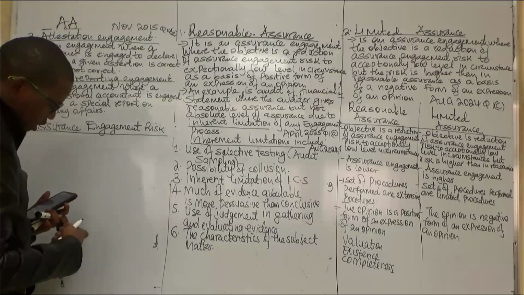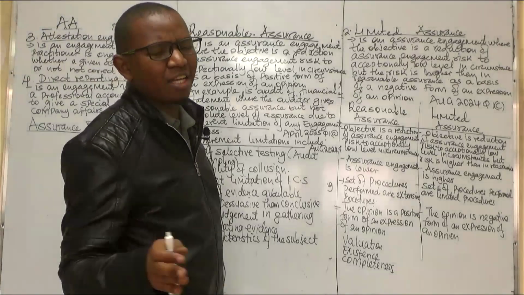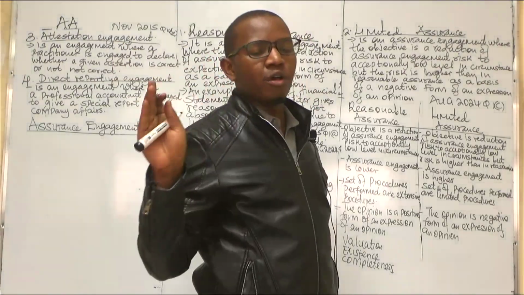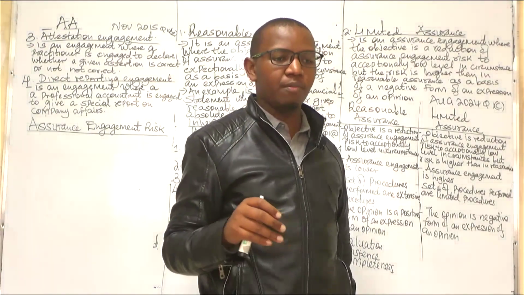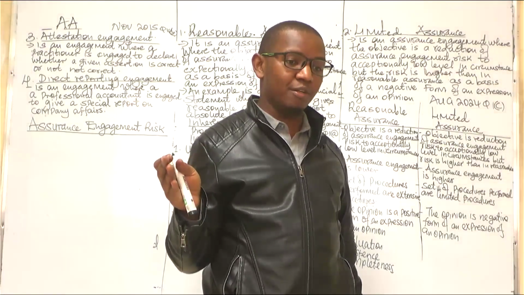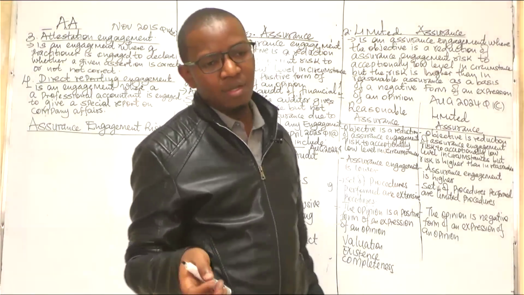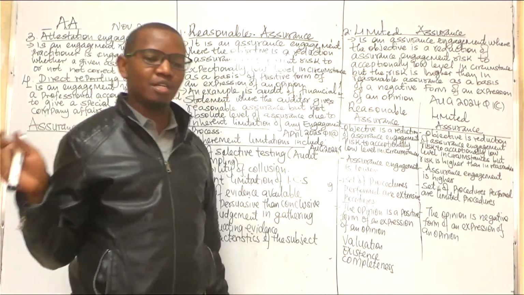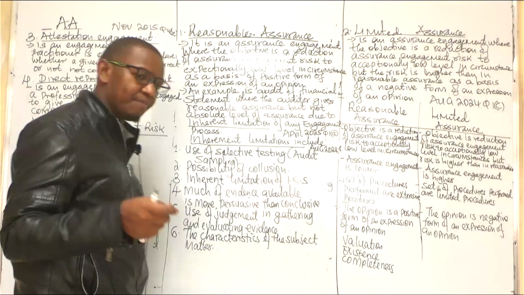It is a chance where a practitioner may issue an inappropriate opinion when the subject matter information is materially misstated. Generally, it's just like audit risk, where it is a chance where an auditor may issue an inappropriate opinion when financial statements are materially misstated.